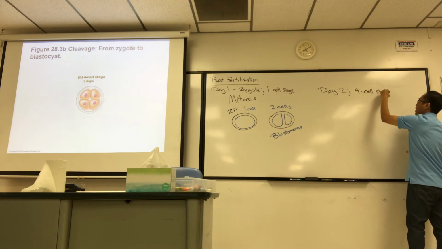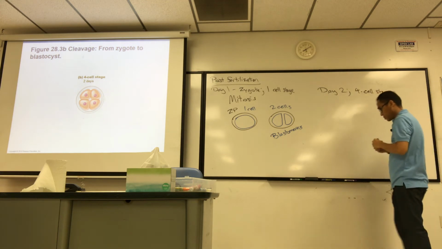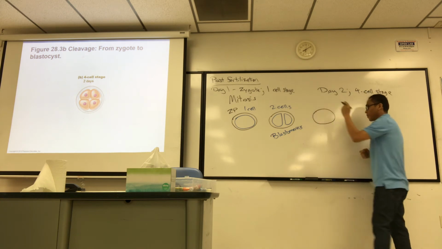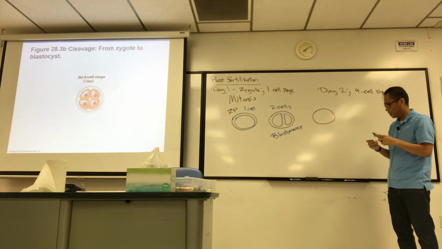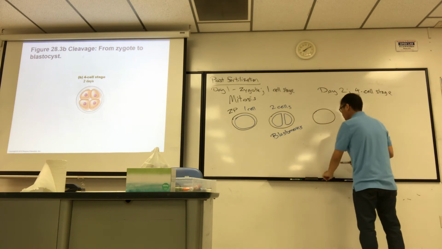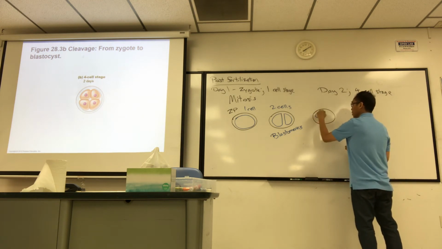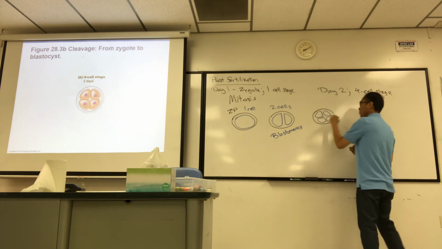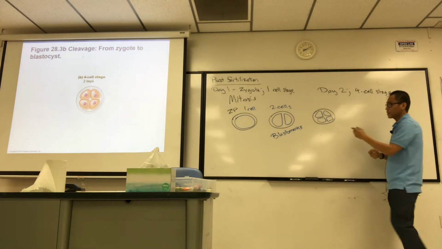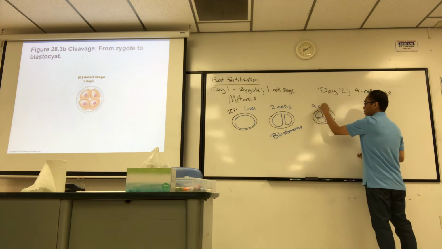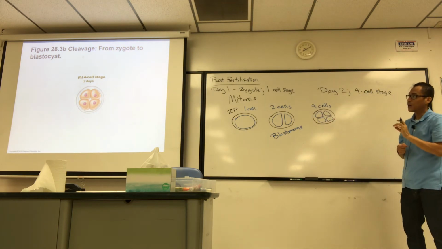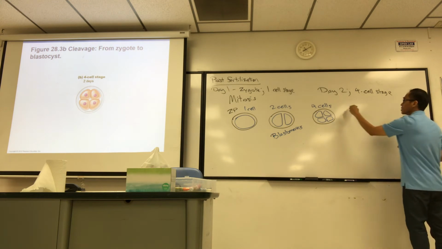Four-cell stage. Very simple. You're still confined within the strict volume of the zona pellucida. 2 cells become 4. Again, you have to reduce your size with each cell division. They call these divisions, when you go from 1 to 2 to 4, mitotic cleavages.